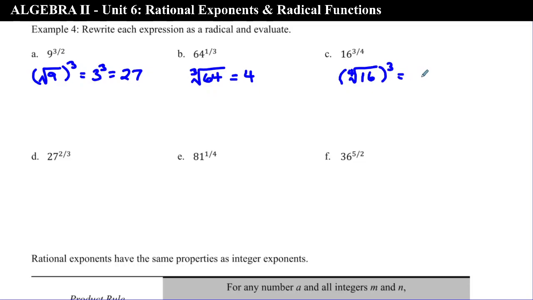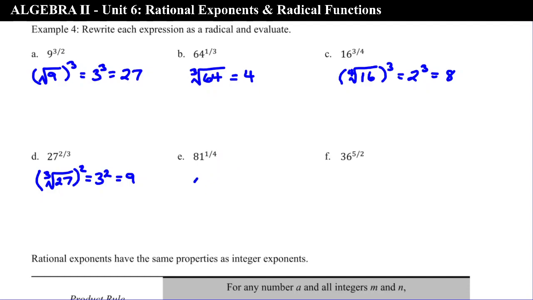The fourth root of 16 is 2, so 2 to the third gives us 8. 27 to the 2/3 is the cube root of 27 raised to the second power. The cube root of 27 is 3, and 3 squared gives us 9.